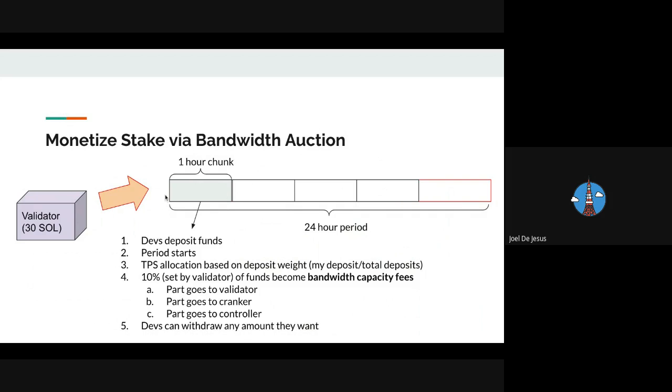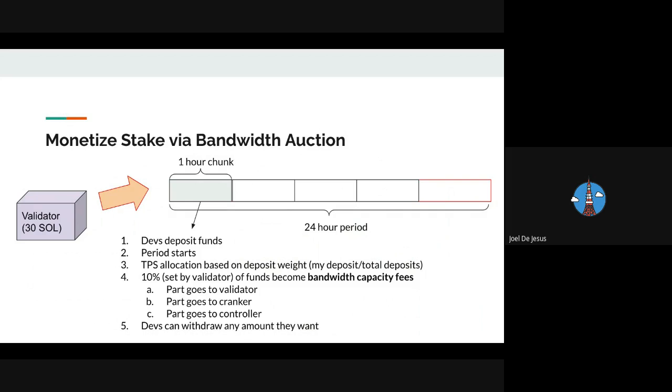By the way, the auction will be done in USDC instead of SOL, because most business expenses, at least in my experience, are in dollars. A lot of the people I've talked to indicated a preference for their expenses being in dollars and not having the SOL FX risk. So Alice is depositing dollars.